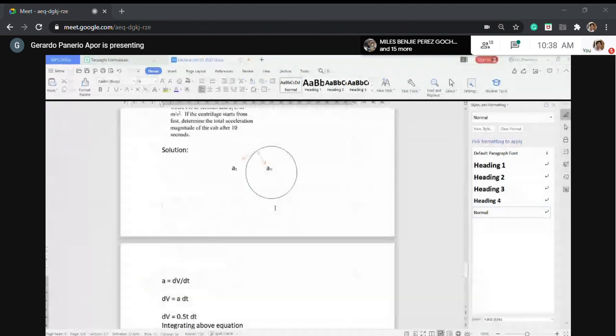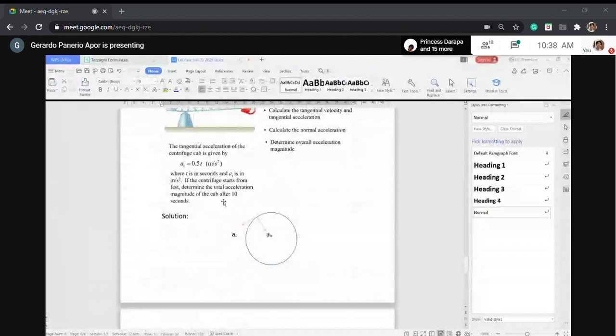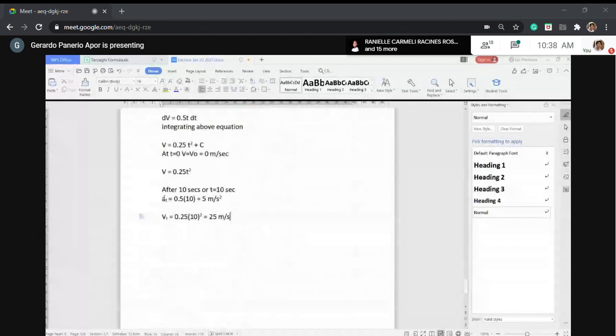Now it says, determine the total acceleration magnitude of the cab after 10 seconds. We already have the tangential, so normal is left. The normal acceleration an is equal to v squared over r.